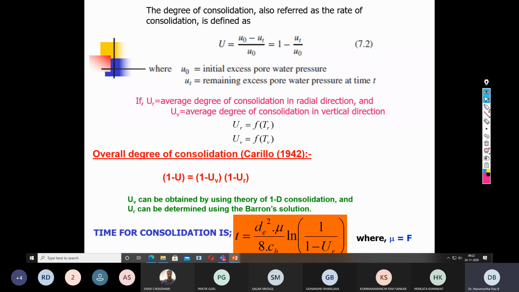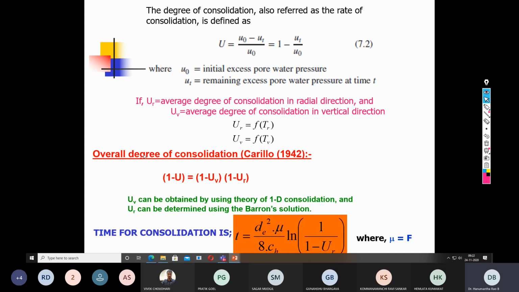So usually we always try to correlate the degree of consolidation with the dissipation of the excess pore water pressure. And UR and UV are two additional terms. UV is the average degree of consolidation in the vertical direction, and UR is with respect to the radial consolidation. UR is a function of TR, the time factor in the radial direction, and UV is a function of the time factor in the vertical direction.